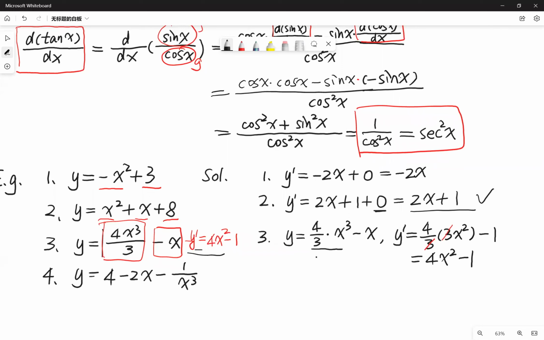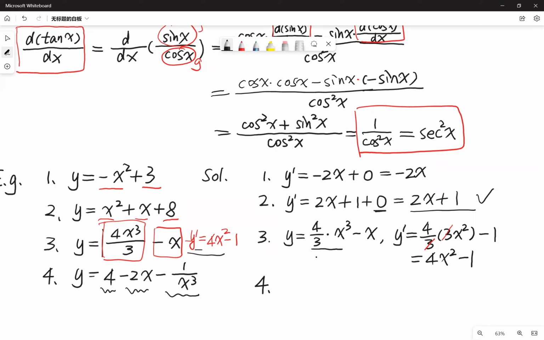Okay. And the fourth one, also we should calculate the derivative of them one by one, right? This one is easy. And this one is a little complicated. You can regard it as a quotient rule here, right?